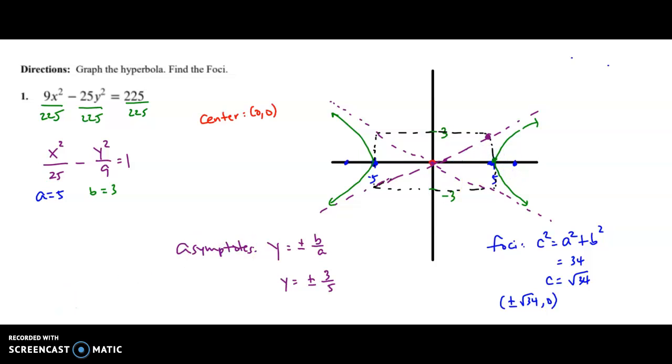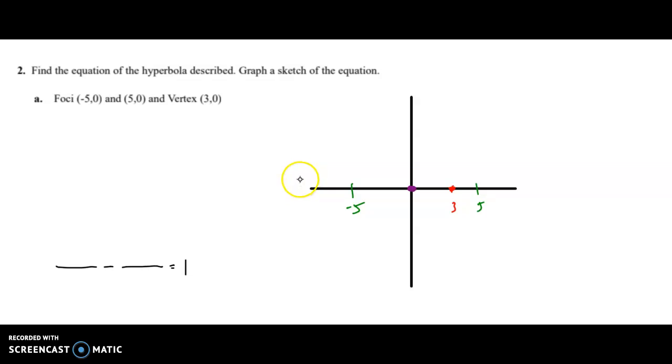Okay. All right, so for this example, I started with a sketch, given the information, okay? This one, because of where the foci are, you can tell that the center is going to be at 0, 0. Okay.